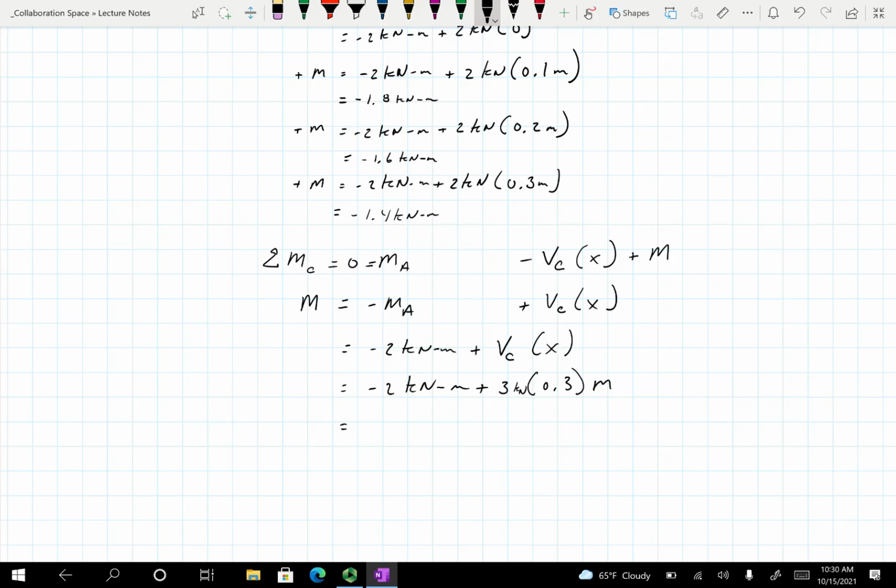So minus 2 plus 3 times 0.3 is, what, 0.9, right? Negative 1.1. Still didn't cross the axis, though.